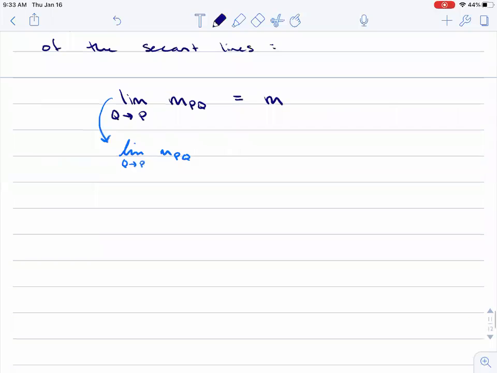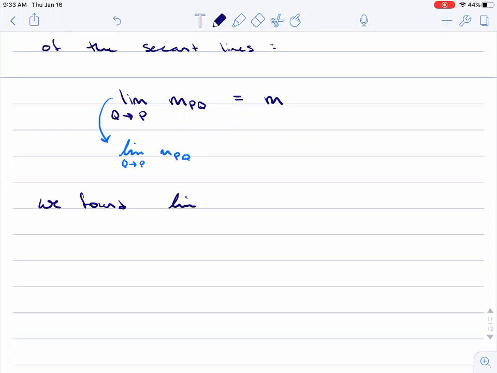And so what we found, the limit as Q approaches P. Sorry, I'm not doing the general one anymore, I'm doing it for our problem.